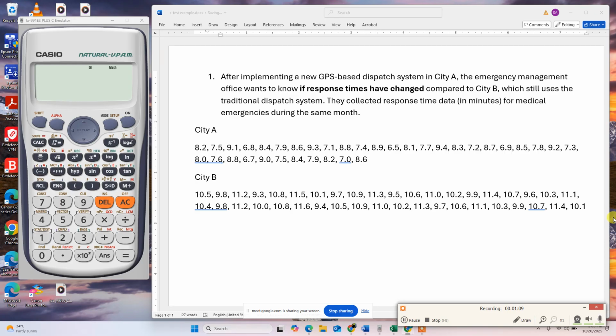Now, if you can still remember, we have the process on how to solve the Z test.